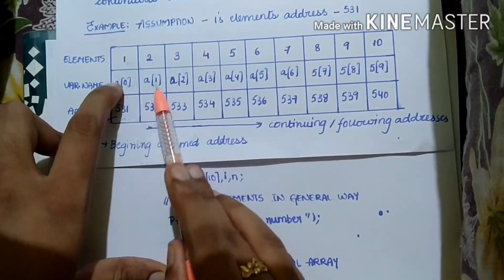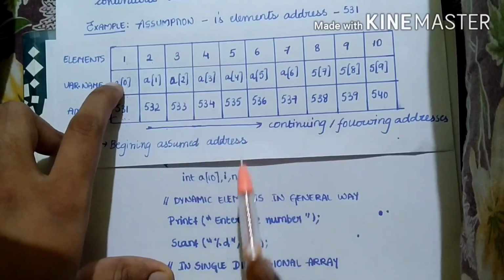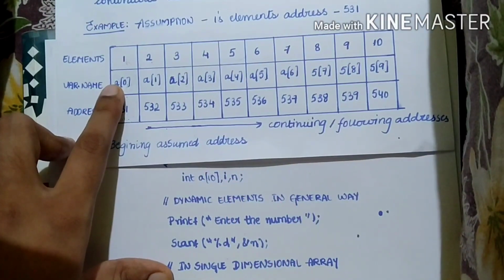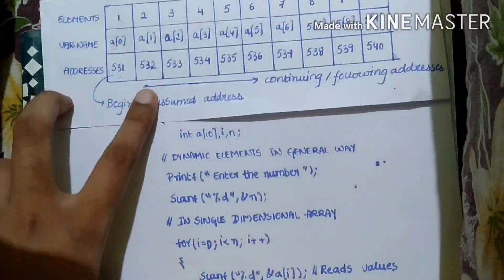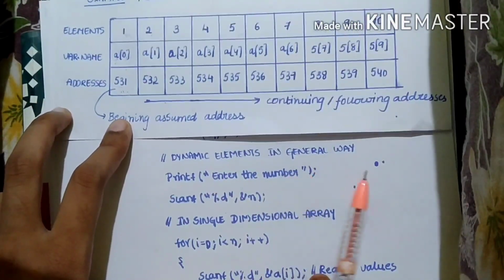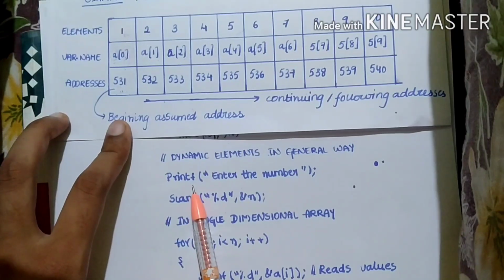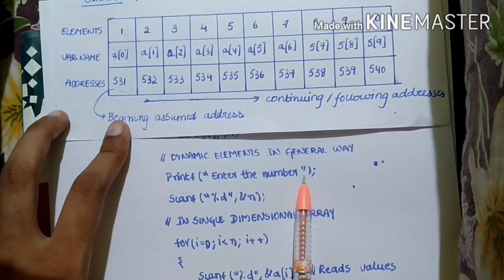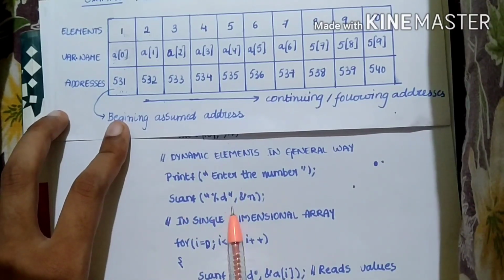For these size elements I have given i and n. In a general way, we define elements dynamically in this manner using printf and scanf. We'll enter the number and then it goes to scanf.